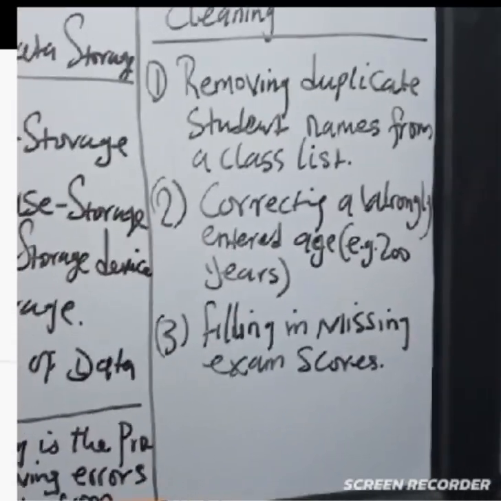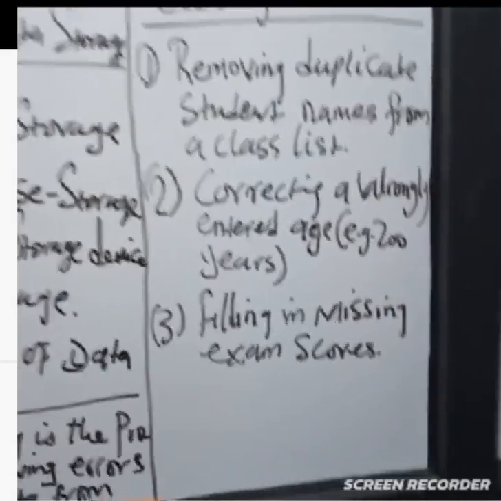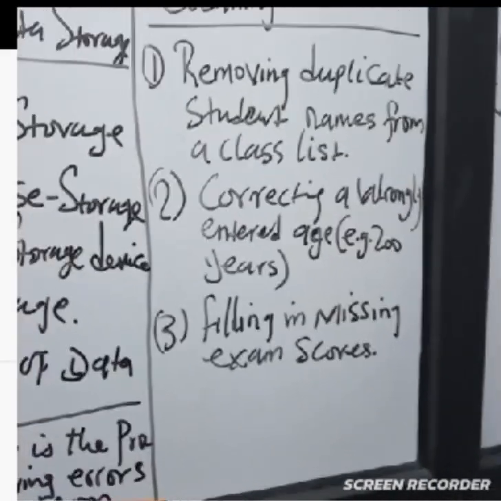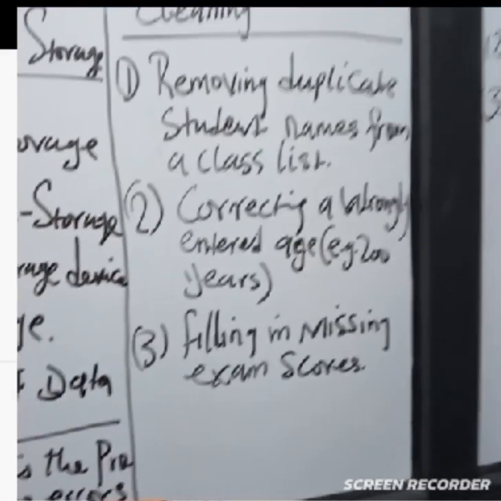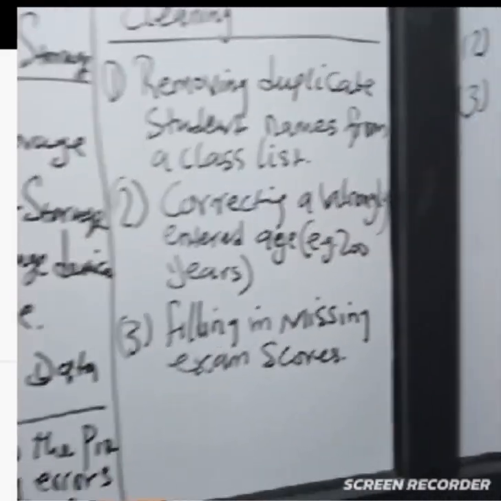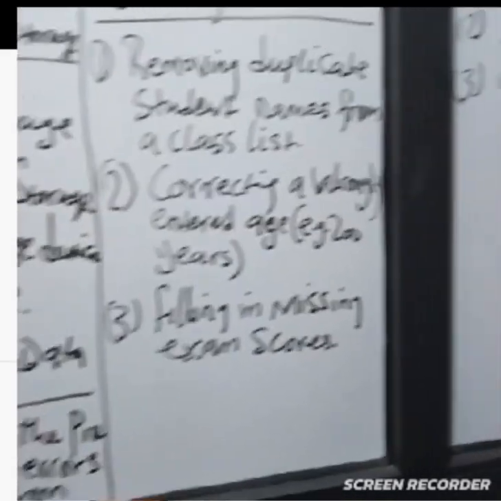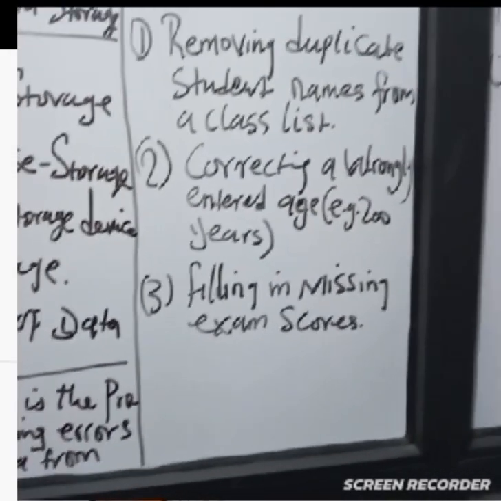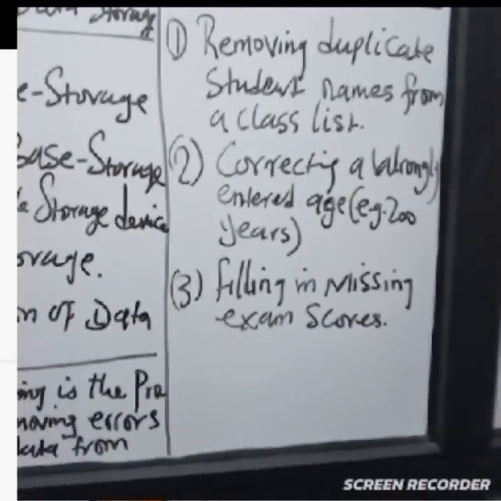Is that noted in the student records or any other records? Number three, filling in missing exam scores, like when a student tells a teacher that their scores were not correctly entered.